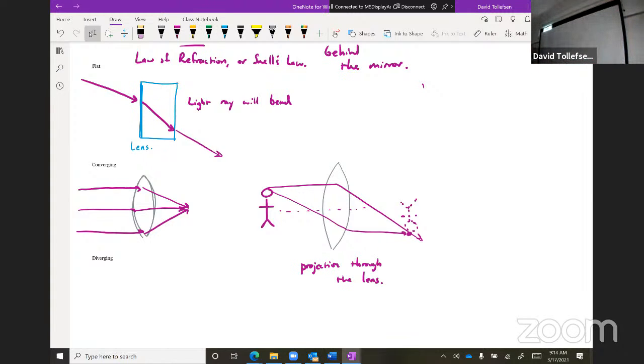And so if I hold it on this side of the lens, you can see the flame. You guys see it? Do you see that it's upside down? Yeah. I'll take your word for it.